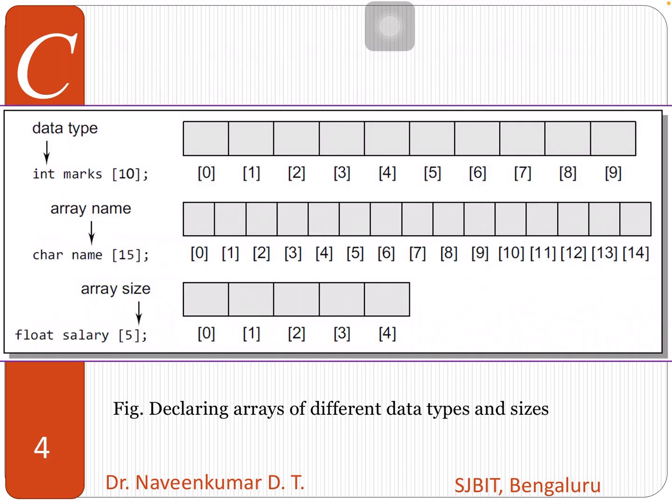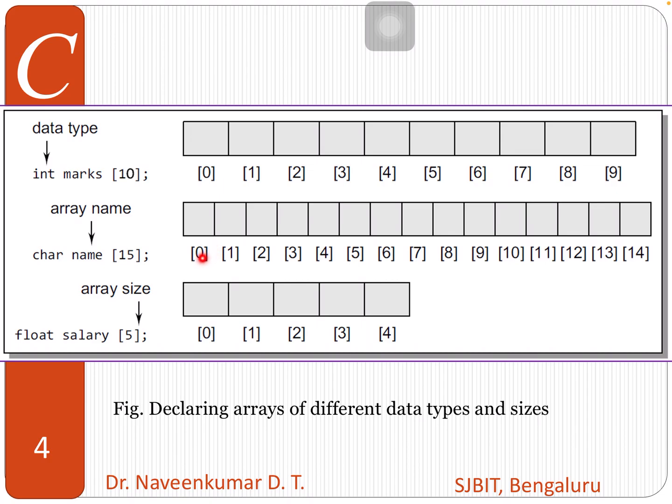There are a few more examples. Here, int marks[10]: int represents the data type, marks is the name of the array, and 10 is the size of the array. We can store 10 marks here, with indexes 0 to 9. Similarly, a character type of array: this is the character data type, name is the name of the array, and the number of characters it can store is 15.